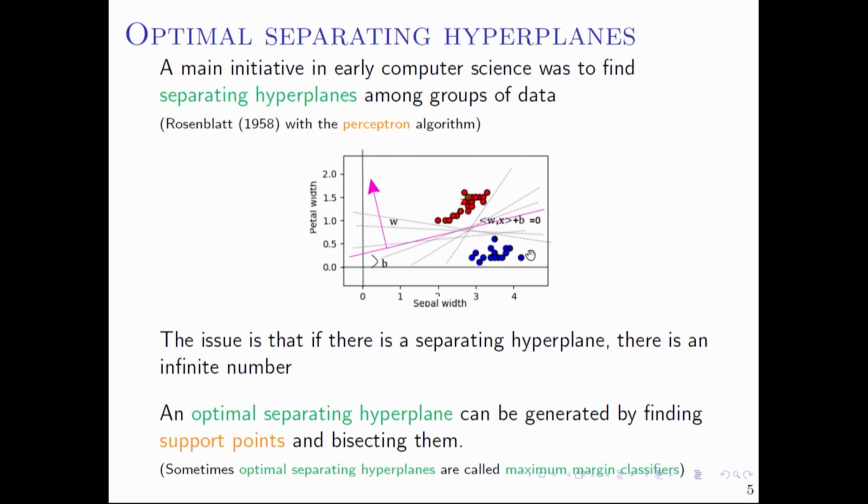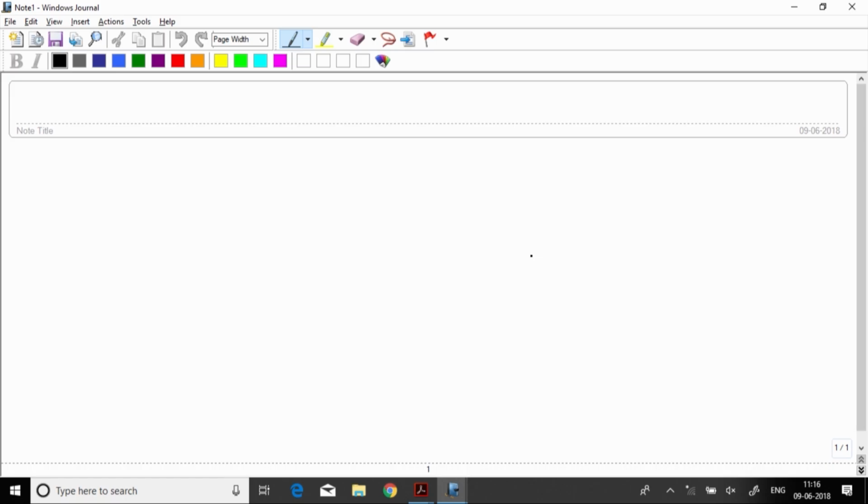So maybe it is better I go for this. Say we have some red points and some blue points, and what are the support points for these data sets? Now you draw a convex hull for each class.